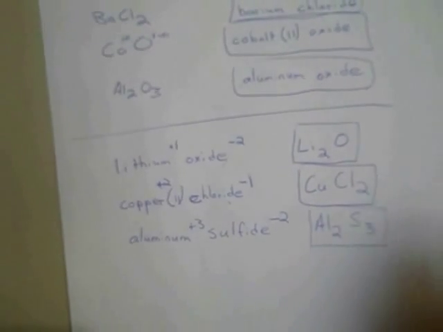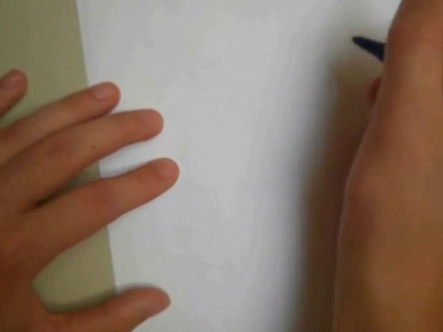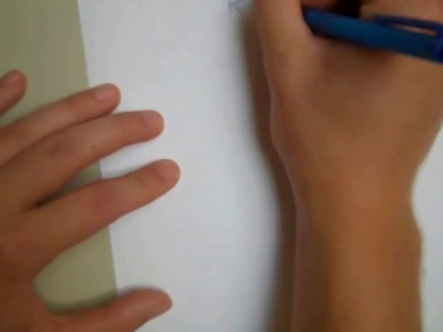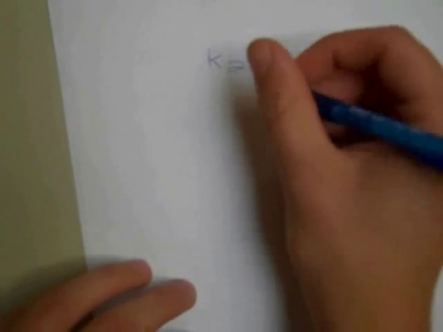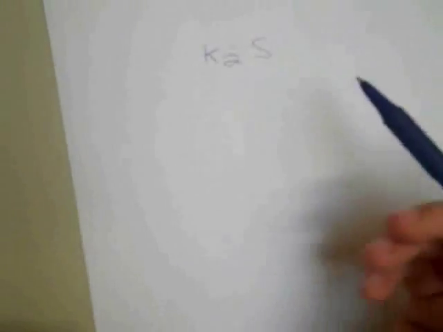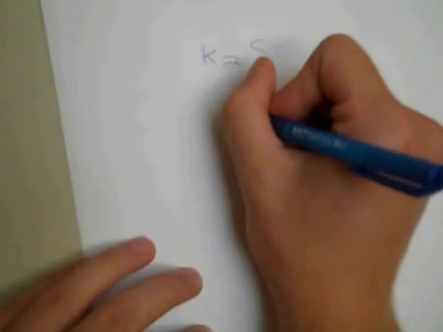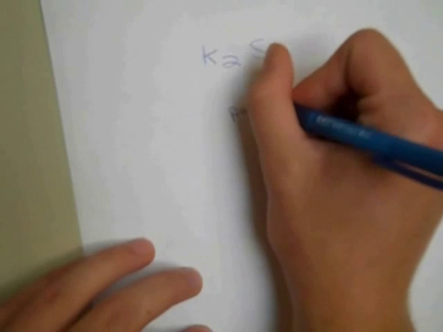So, now that we've done all these, we're going to have you try a couple on your own. So, the first one that we're going to have you try is K2S. So, how you're going to go about doing this is, since K only has one oxidation state, go ahead and just write potassium.